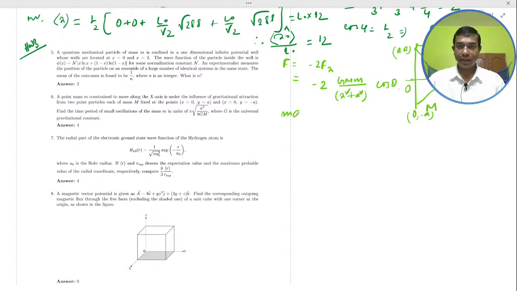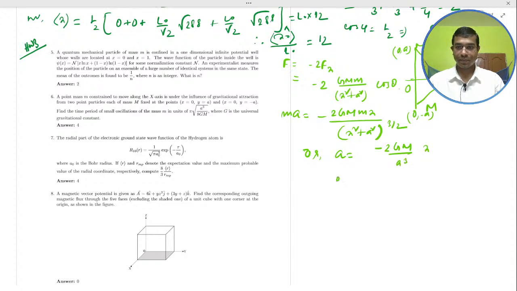So F equals ma, the equation of motion: 2zmm x divided by x square plus a square to the power 3 by 2. That means a would become minus twice zm by a cube into x. That means omega equals the square root of 2zm divided by a cube.